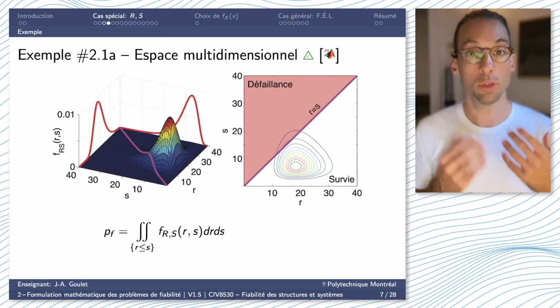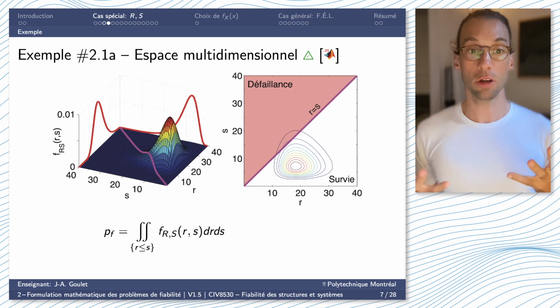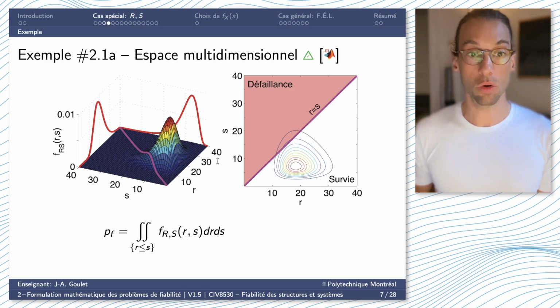And if I want to compute PF, my probability of failure, I need to integrate over the failure domain. So the failure domain is all the values for which the resistance is lesser or equal than solicitation, my pink domain here. I need to integrate my joint PDF here for all possible R and S such that I'm in my failure domain.